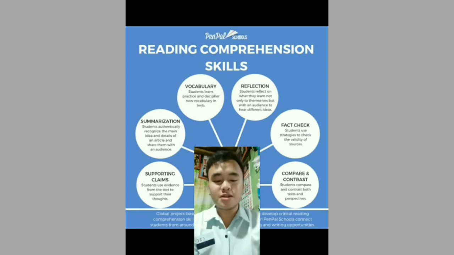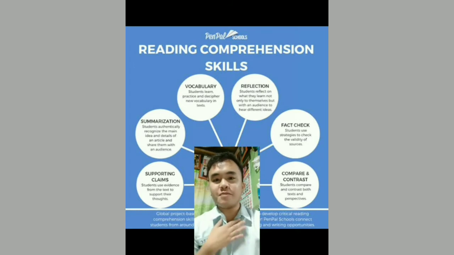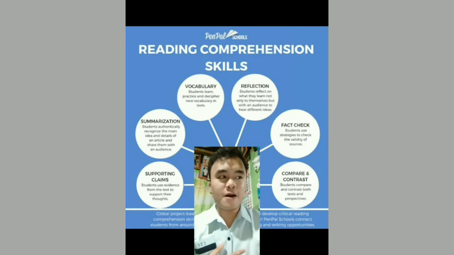So it means that students are capable of explaining, using their knowledge to support their information. In that way they will be able to develop their knowledge and reading about the information that they have.